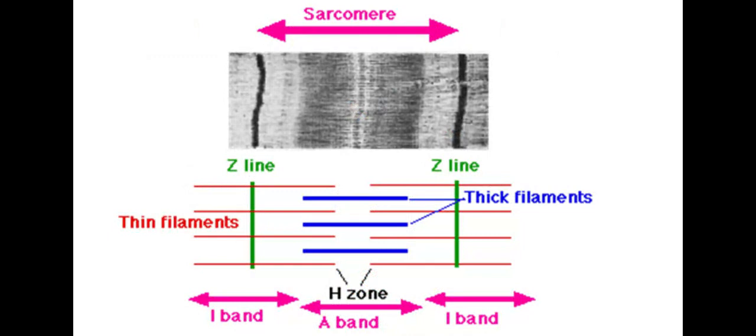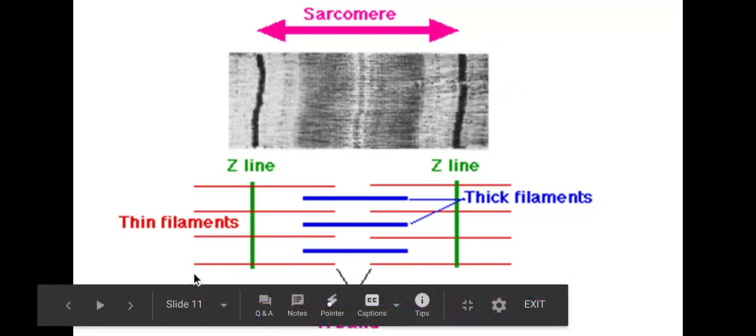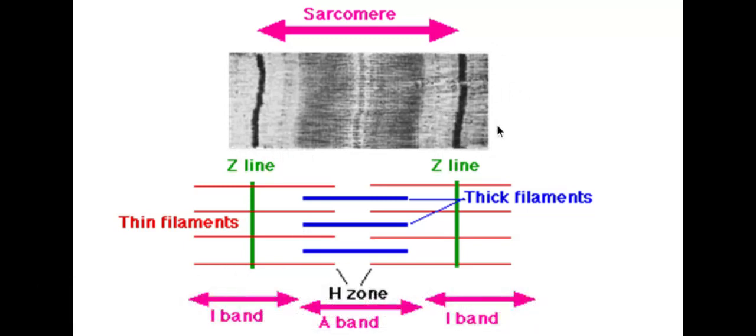Again, here's what that looks like. This dark zigzaggy line is your Z line, making up your functional unit of your muscle cell, the sarcomere. Then we see this lighter stretch that runs through our Z band here. That's your I filaments, your thin-only filaments.